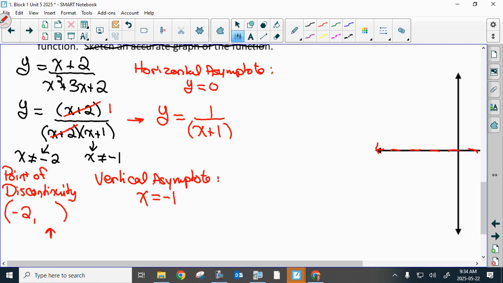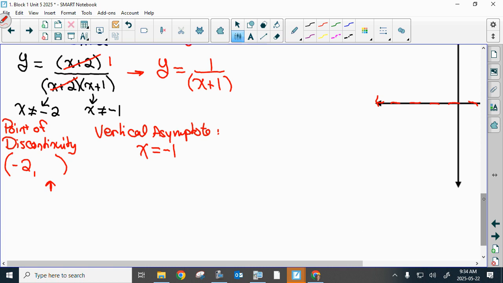Now, how do I find the y value of the point of discontinuity? You take your simplified equation. If you had put -2 back in the original, you would have been dividing by 0 and your calculator would have freaked out.